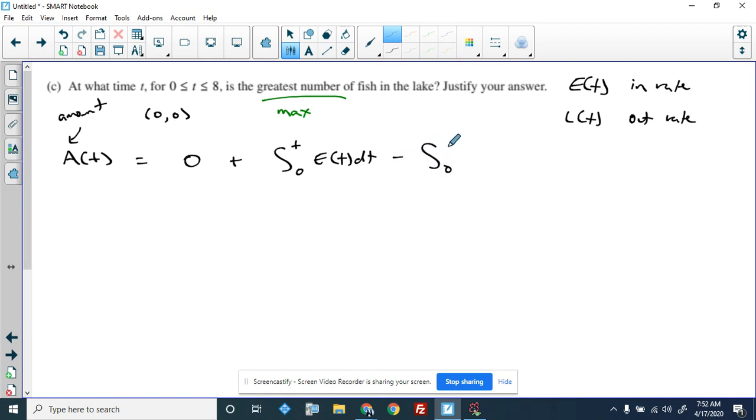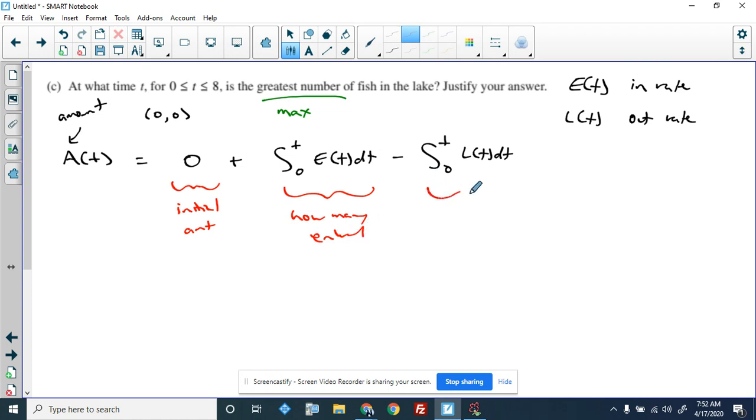So that's the integral from 0 to t of L of t dt. So this is our starting or initial amount, this is how many entered, and this is how many left. It's like a three-pronged approach.